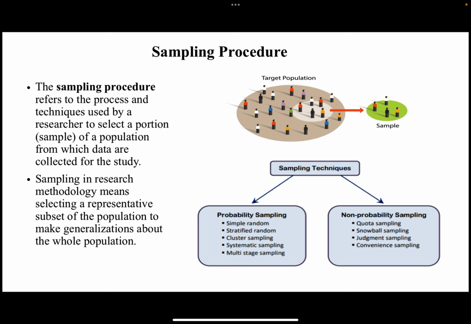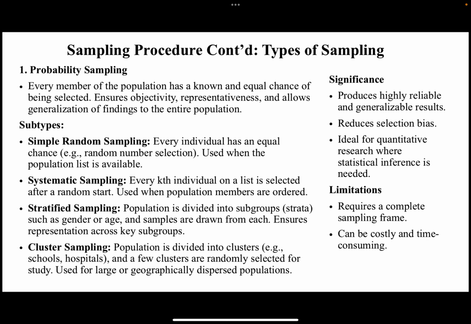Now, what is probability sampling? What is the meaning of probability sampling? In probability sampling, every member of the population has a known and equal chance of being selected. That is the simplest explanation.